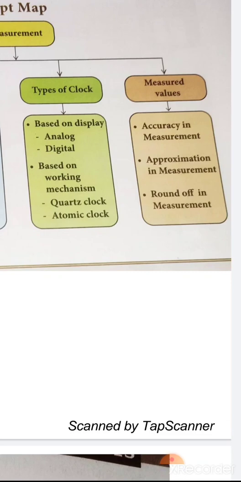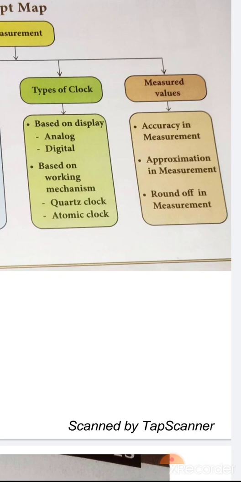Approximation is the process of finding a solution by means of approximation. Next, round off: some numbers extend to many digits, and we round off to the particular number of digits we want. That's all the topics we learned in this lesson.